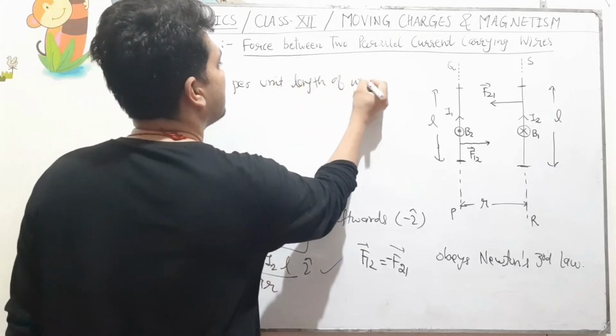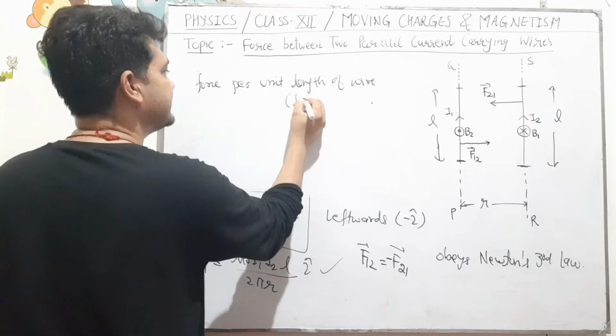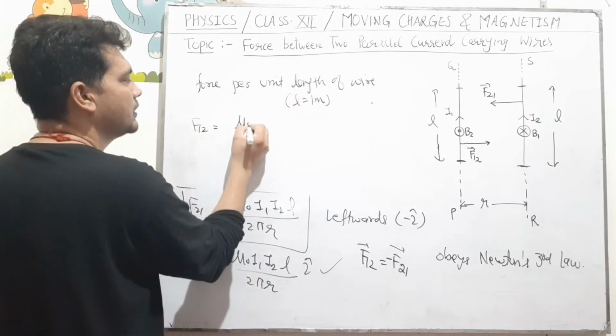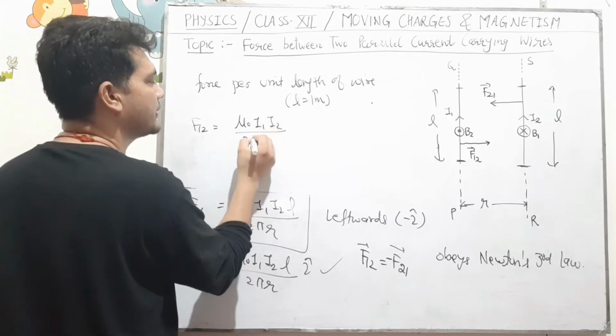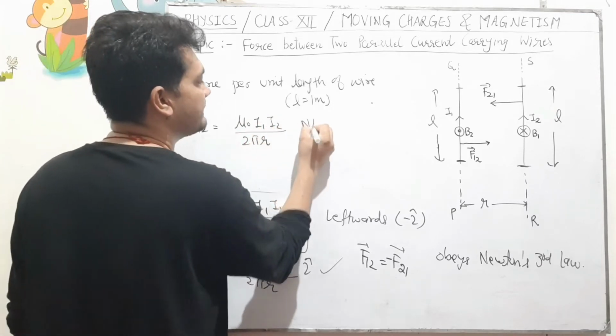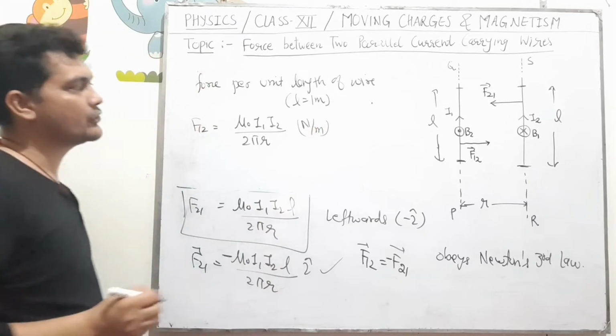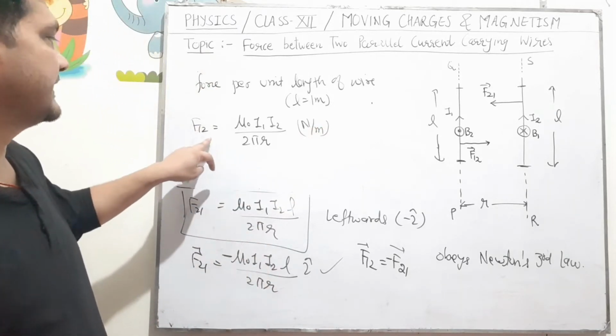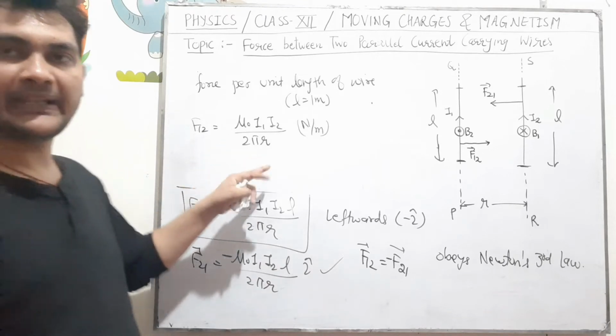Then the force per unit length will be equal to mu naught I1 I2 over 2 pi r newton per meter. Why newton per meter? Because it is not on total length, it is per meter, on unit length.